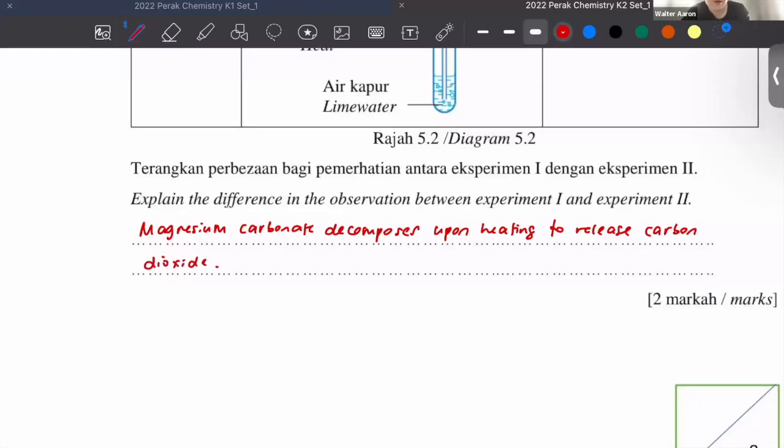That will give you 1 mark. And after that, you can see that sodium carbonate does not decompose.